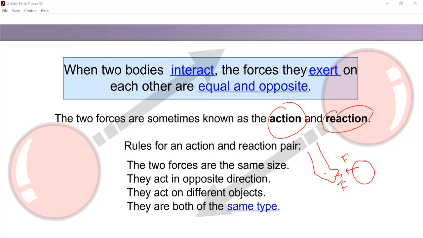The more force I provide, the more painful my leg. That means the magnitude F is equal to F prime, equal in magnitude but in the opposite direction. The two forces are the same size and act in opposite directions. They act on different objects, one leg and one coconut, for example. But they are both of the same type.